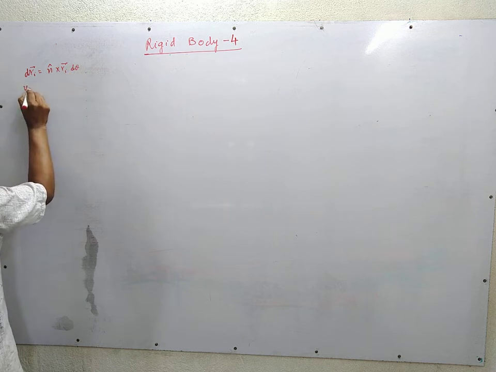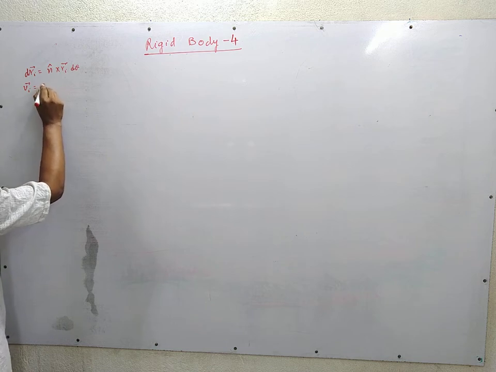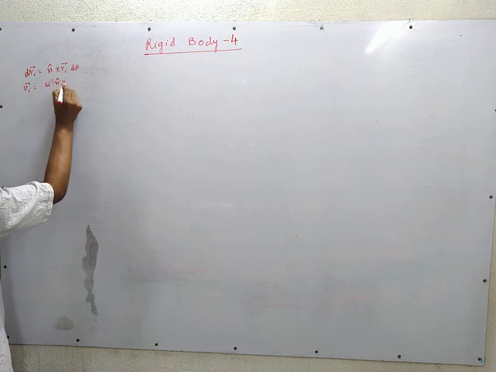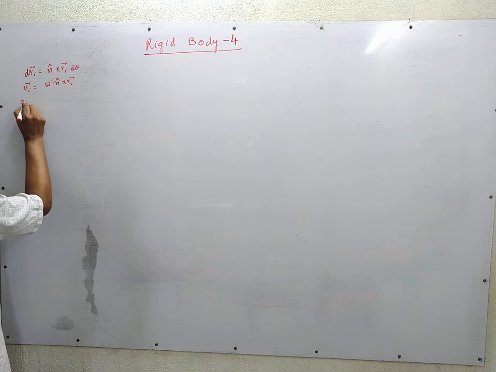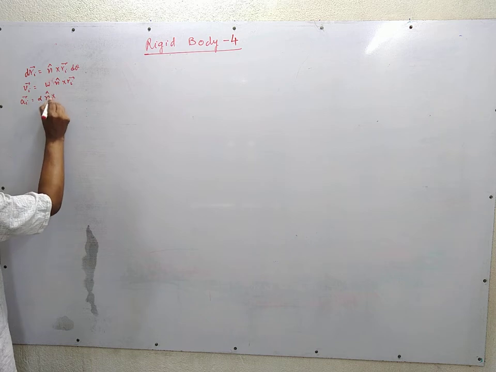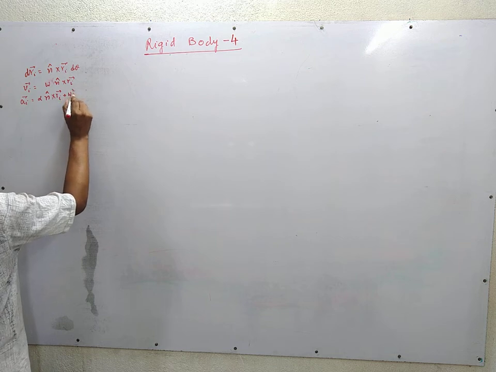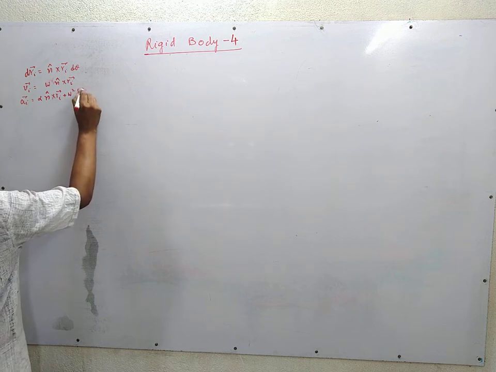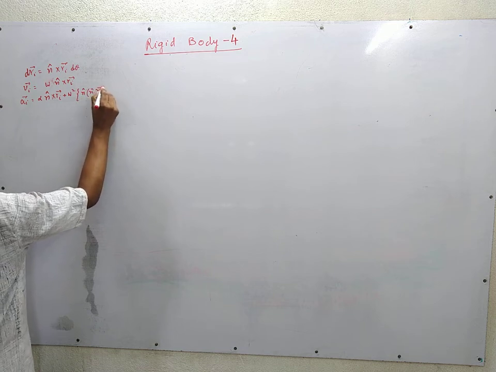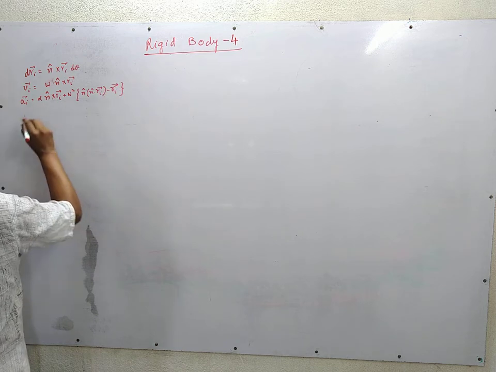The velocity of the ith particle is given by omega n cross Ri, and acceleration is given by alpha n cross Ri plus omega square Ri.